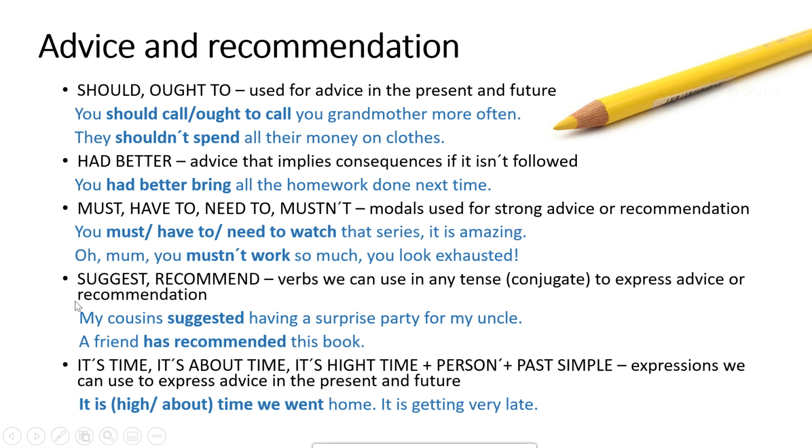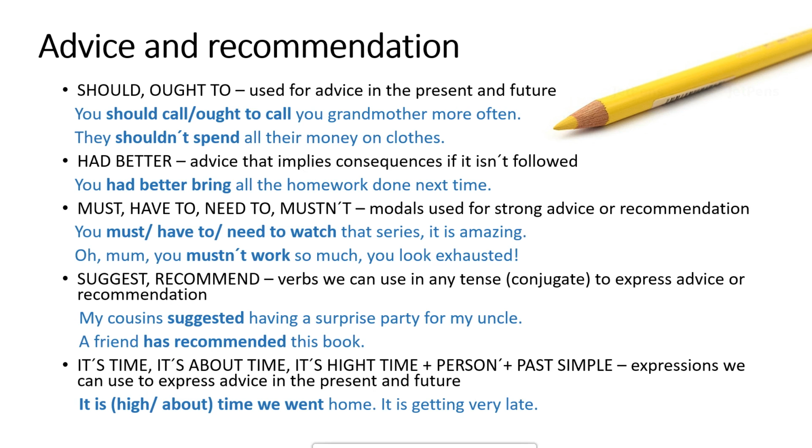Okay, we also have two verbs that we can use for advice and recommendation. Obviously, the verbs suggest and recommend, that can be conjugated in all the tenses. And here at the end, we've got some expressions. You can say it's time, it's about time, or it's high time.